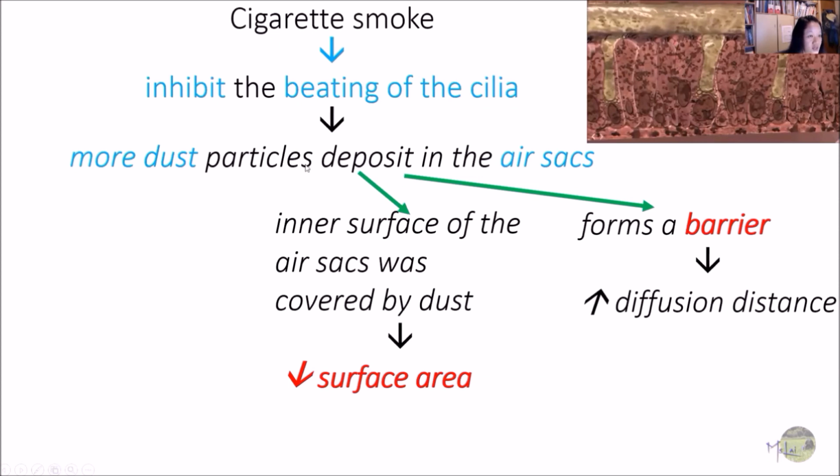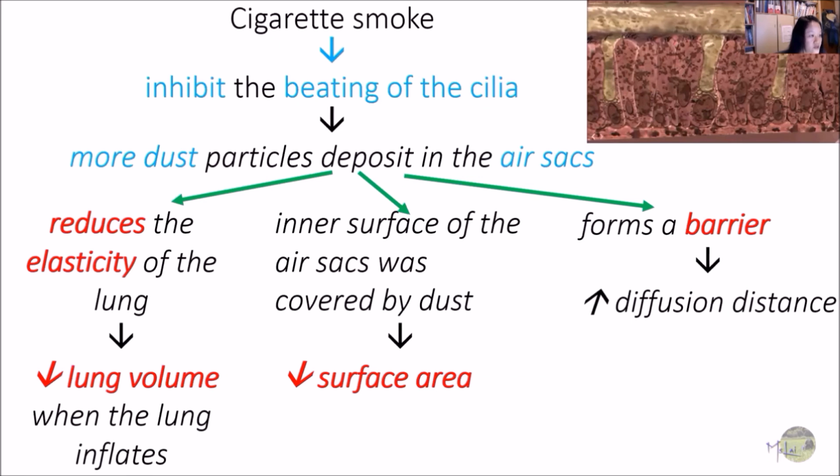But the last one, if the air sac is hardened or if the dust deposit is hardened, it will reduce the elasticity of the lungs. That means when the lungs breathe in air, the air sac will work like a balloon. It inflates to become a big balloon. But if there is a hardened layer of dust, the balloon elasticity reduces.